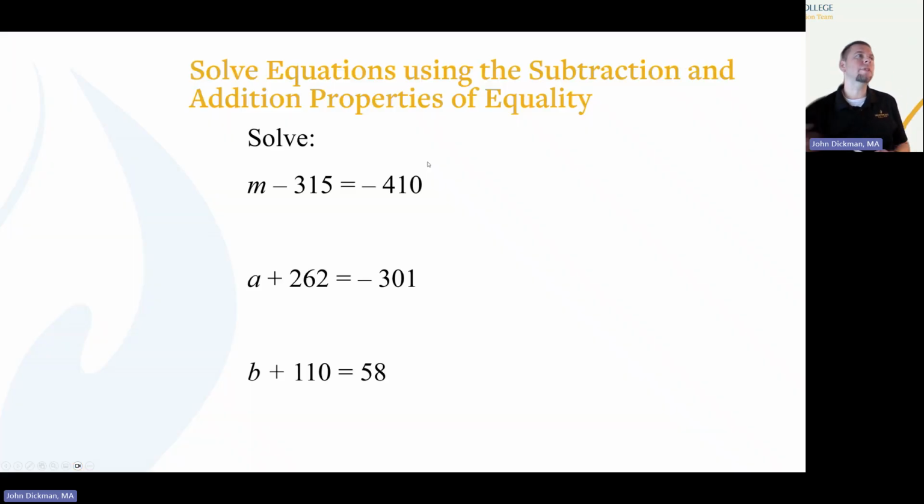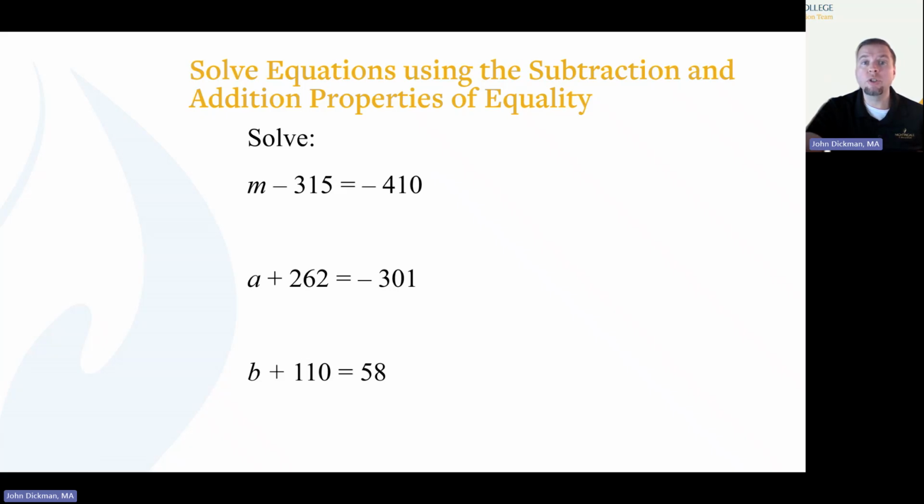All right, so let's start with solving equations using subtraction and addition properties of equality. As we've been saying all along, if we're trying to get a variable by itself and that variable is having something done to it, then we want to make sure that we do the opposite to undo that.